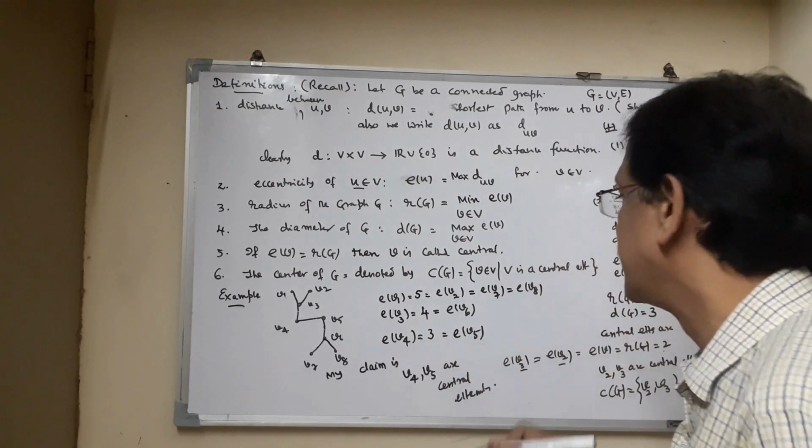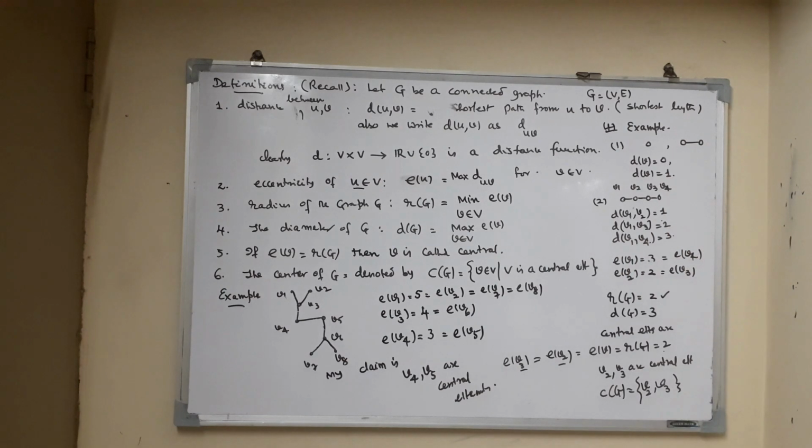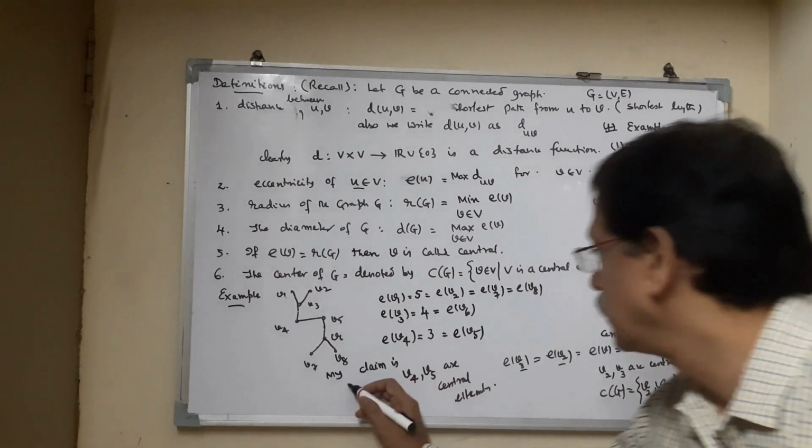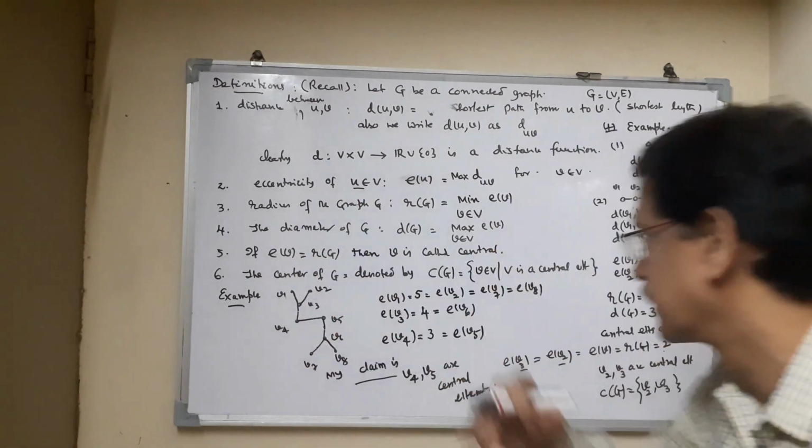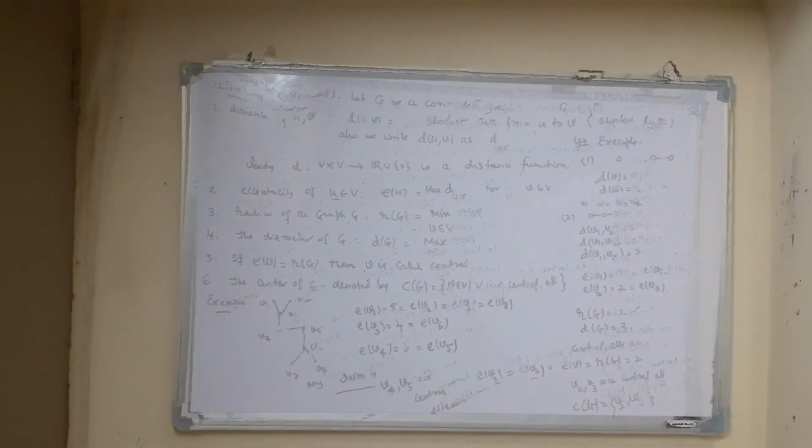That means the center of the graph is precisely the elements V4 and V5. You can calculate the radius. The radius will become 3. So you can see V4 and V5 are central elements for this tree, for this connected graph.